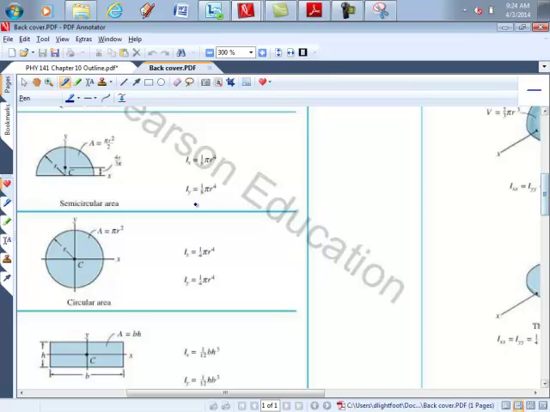This isn't a prime, so this isn't about the centroid. To find the moment of inertia about its centroid, we'd first have to find x bar, or in this case y bar, but we have a formula for that, and then we can use the parallel axis theorem.